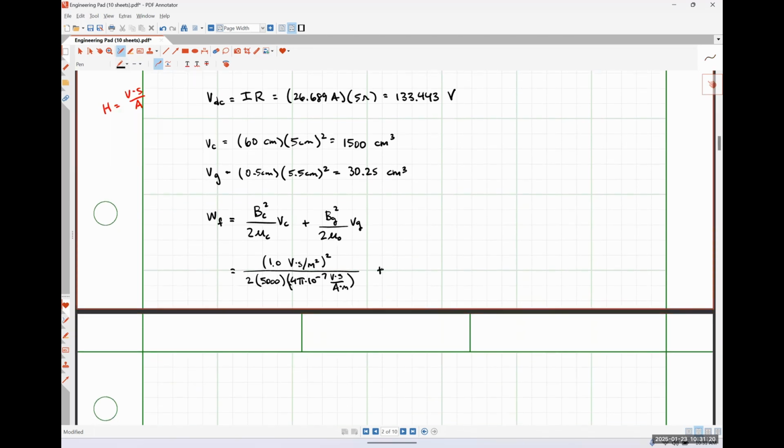Doing something similar over here on the right-hand side, oh, actually, sorry, I forgot the volume. So then we're going to have 1,500 centimeters cubed multiplied by 1 meter over 100 centimeters.